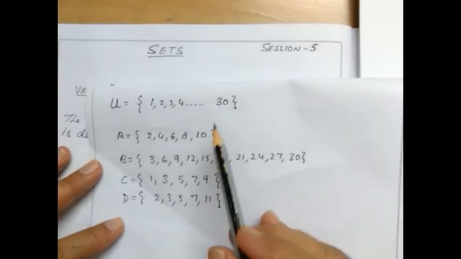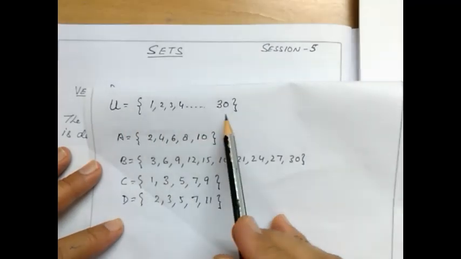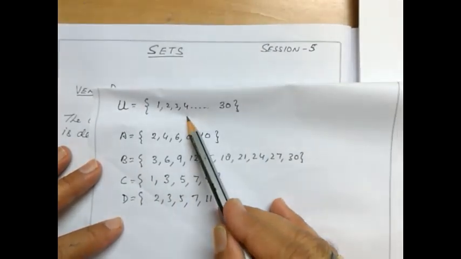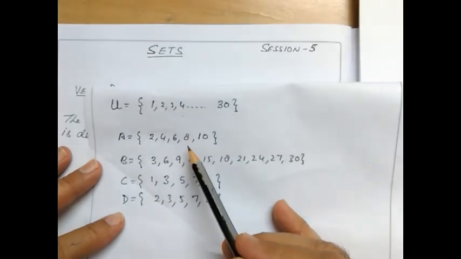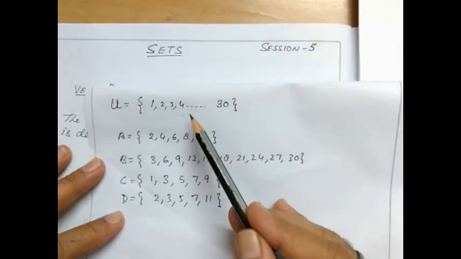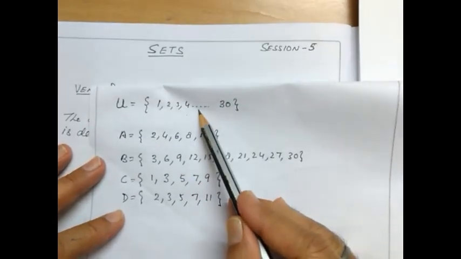Okay, so now we see that these all are subsets of this universal set, isn't it? So all these sets are contained in this set, so this is considered to be a universal set.